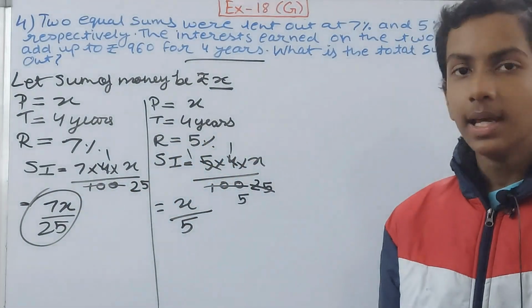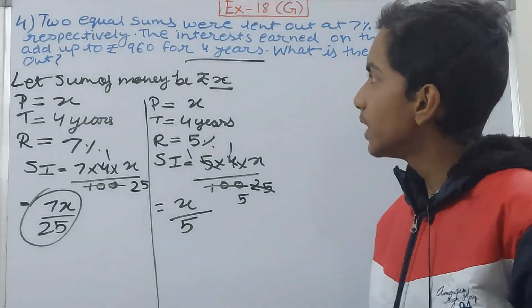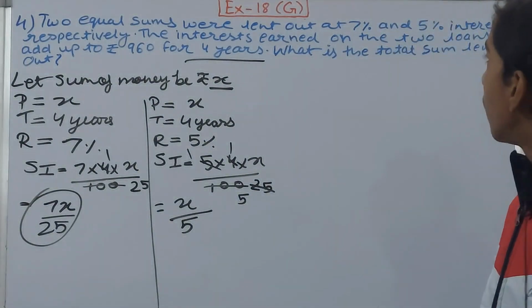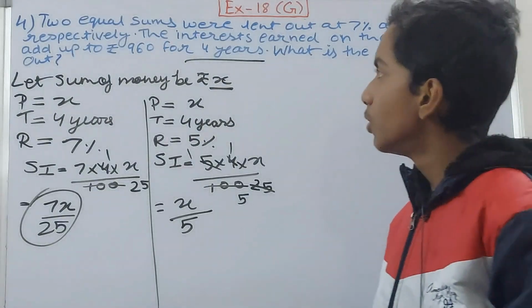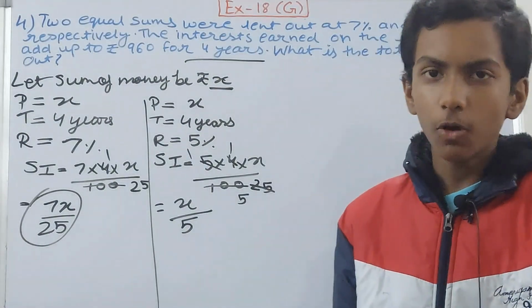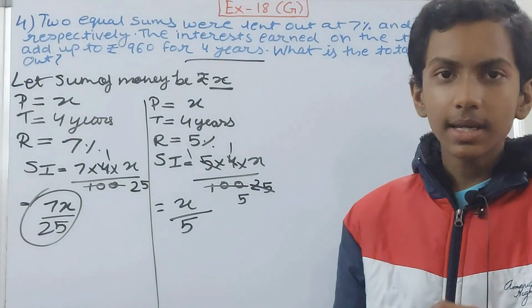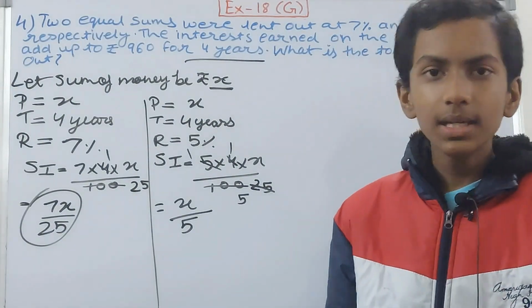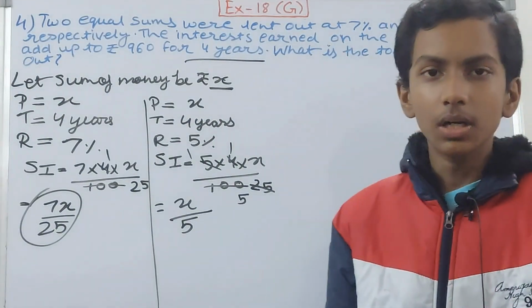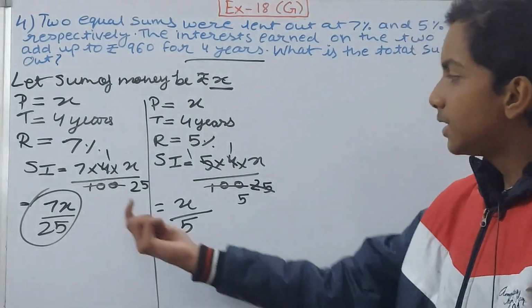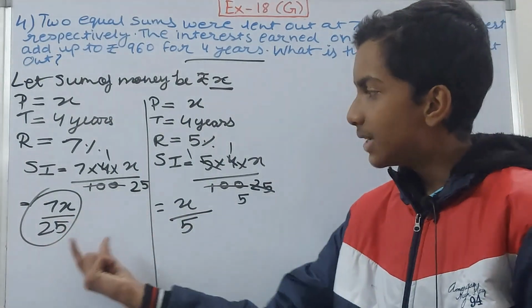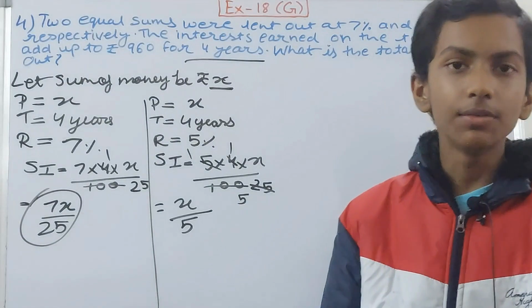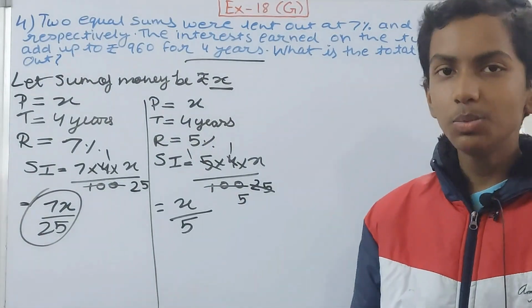Now you see this, that it says the interests earned on these two loans add up to rupees 960 for 4 years. You can just exclude the 4 years part and see what it says: interests earned on these two loans. Interests we have already found out, 7x upon 25 and x upon 5.